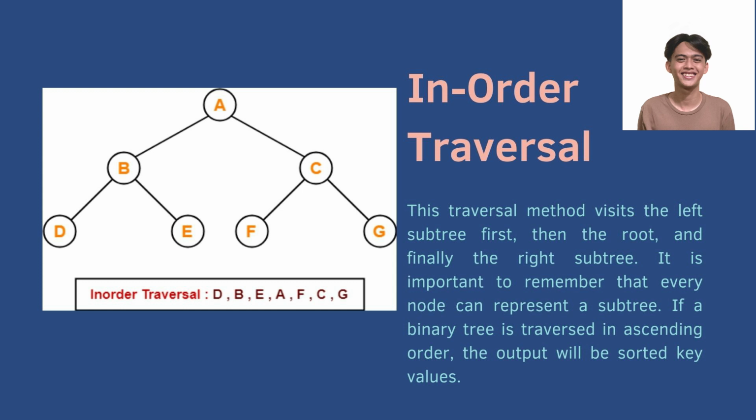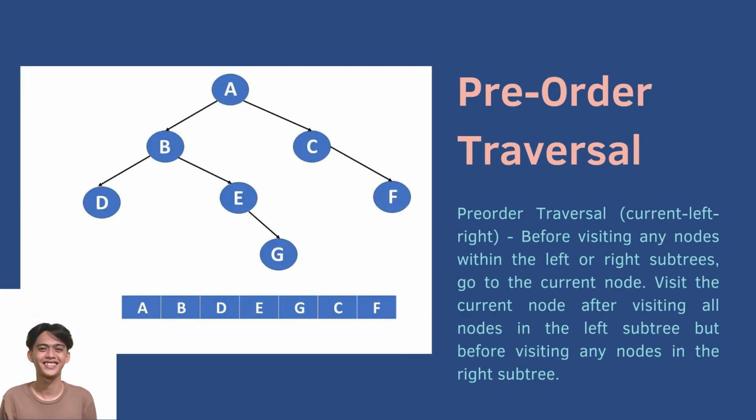So after we go through the root node, we'll go to the right side of the tree, which is letter C. And after the letter C, we'll go through the left side of the right tree, and that letter is F. And finally, the last node, which is G. So that is how to know the in-order traversal of a tree diagram.